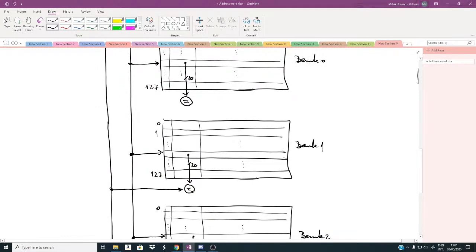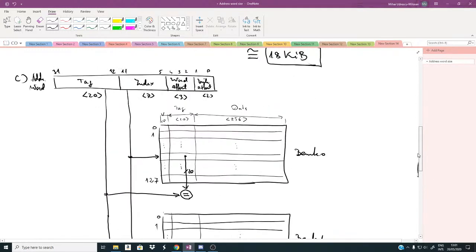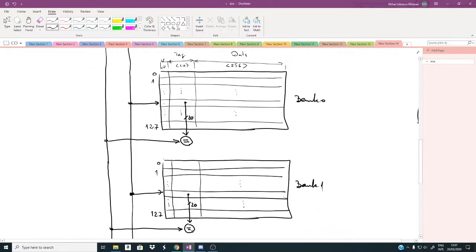And then you validate this with the valid bit.